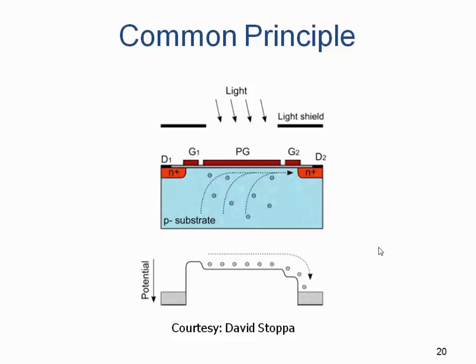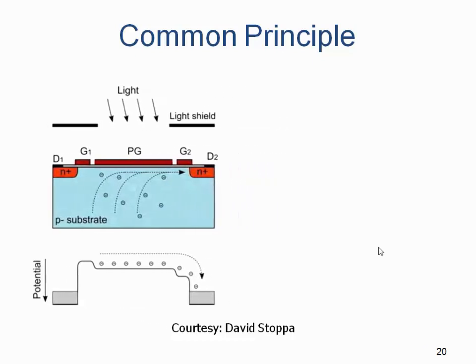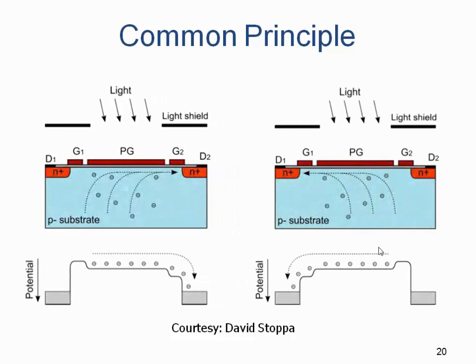When the voltages are such that the potential field is going in this direction, you're going to transfer all the charges to one side. If, on the contrary, you change the voltages by 180 degrees, you reset the potential fields in such a way that the charges are going to go the other way.